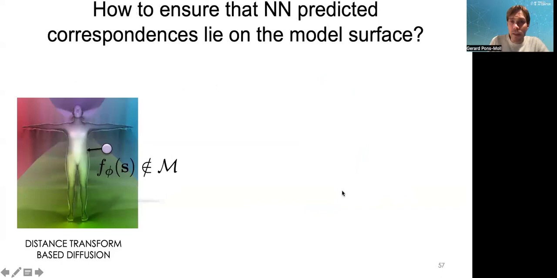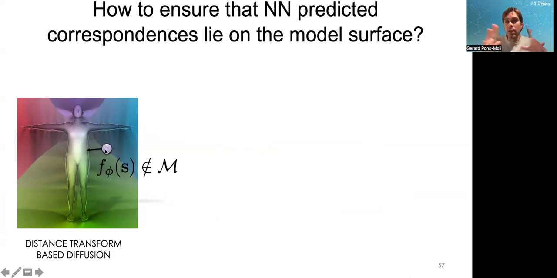So one idea, and this is actually what we do, is we can diffuse the simple function to the full space around it. You can do this with a distance transform. The simple model tells you for every point on the surface how it will deform. So what you can do is a distance transform such that a point off the surface will deform according to the function which is defined on the surface closest to that point.